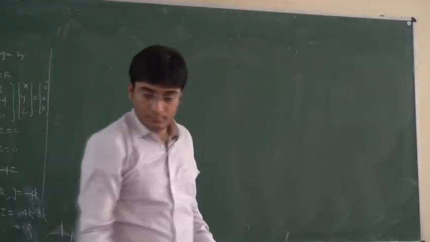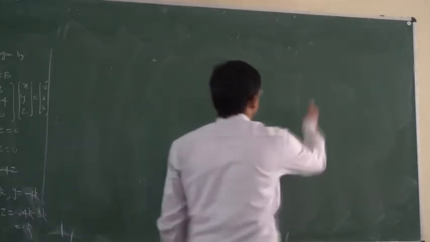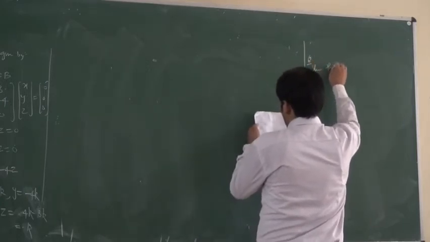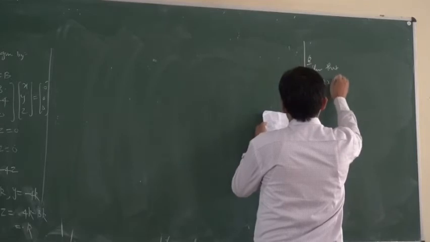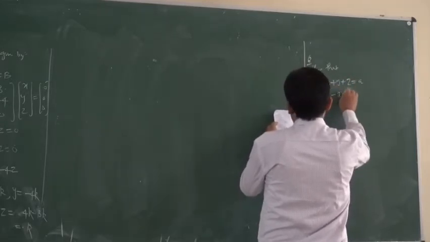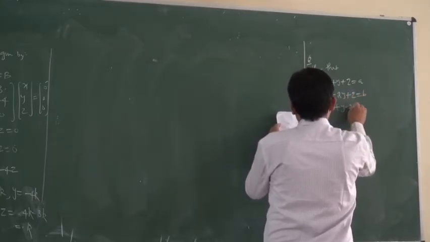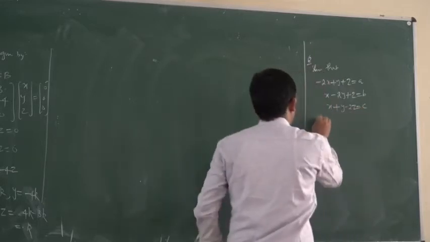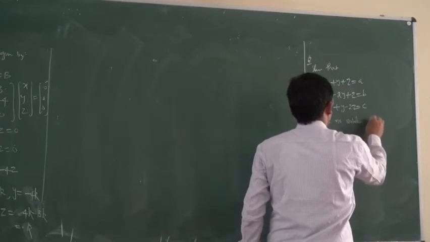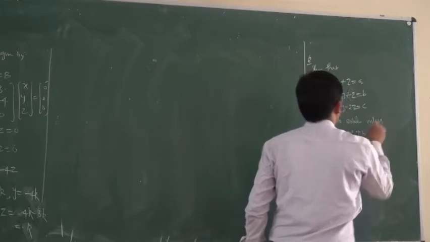Solve or show that minus 2x plus y plus z equal to a, x minus 2y plus z equal to b, x plus y minus 2z equal to c have no solution unless a plus b plus c equal to 0.